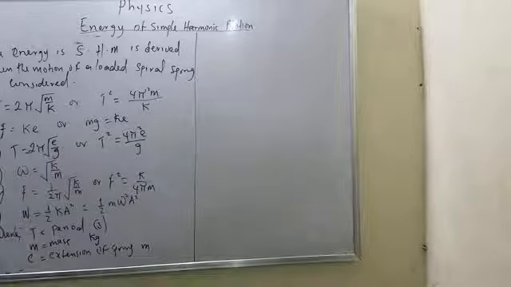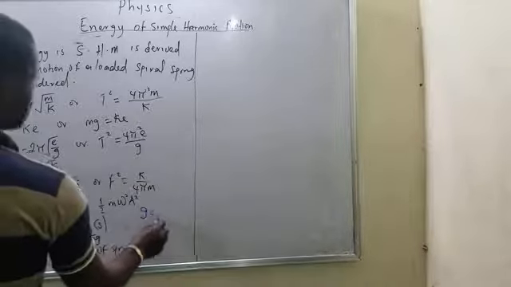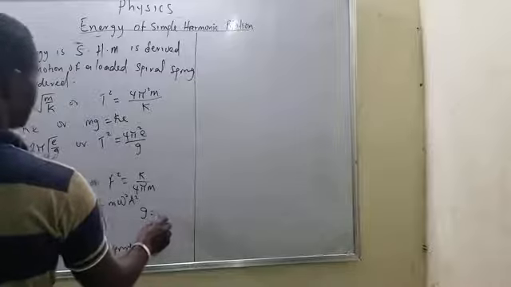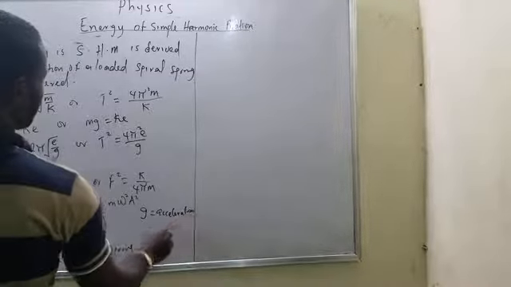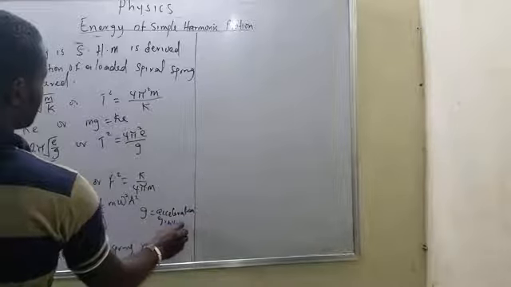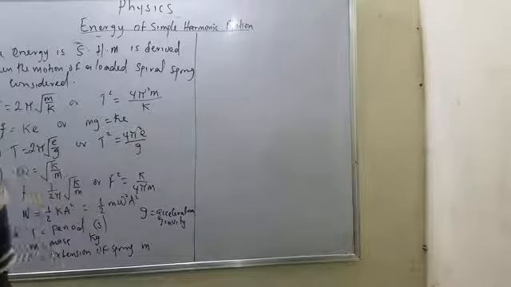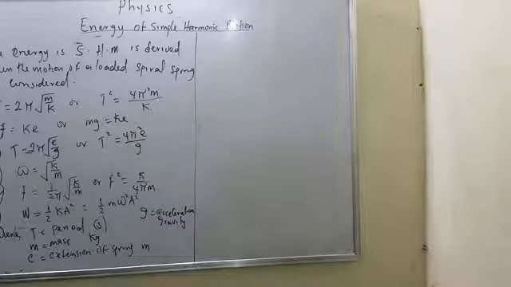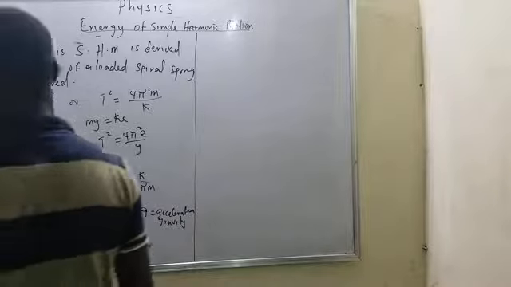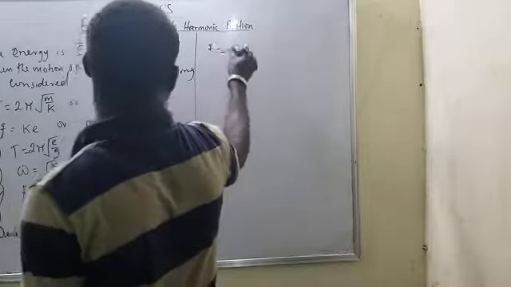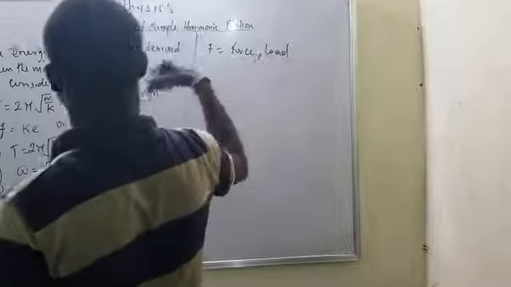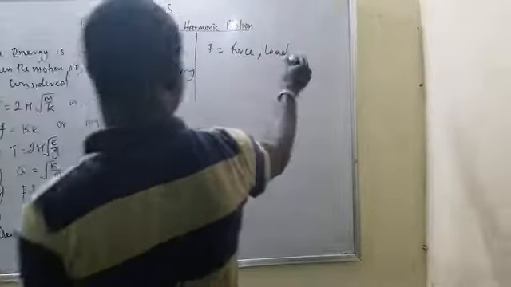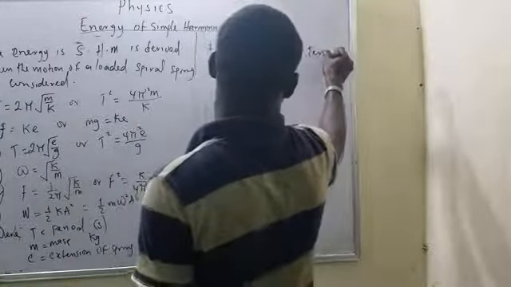What again? My g is acceleration due to gravity. We should have been on that. And my F is force or load, or we call it tension, anyhow we call it tension.